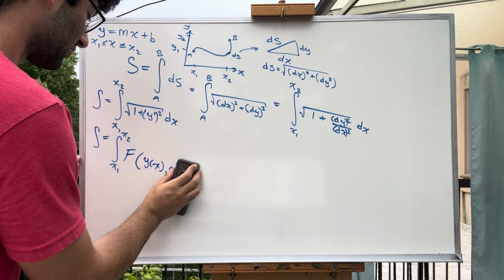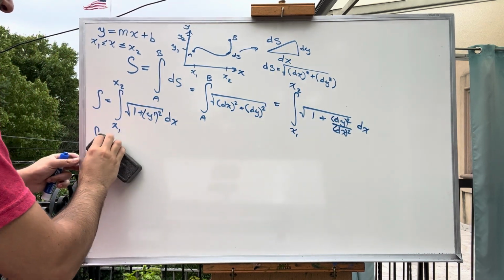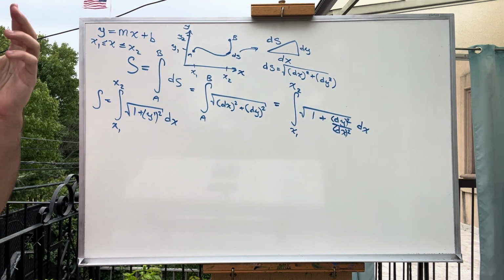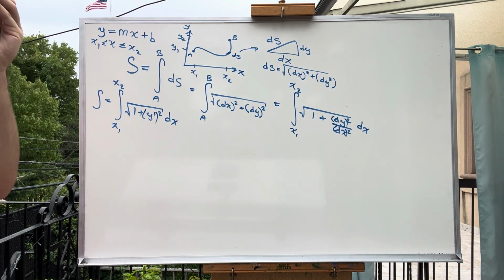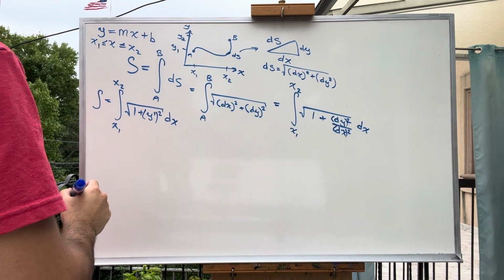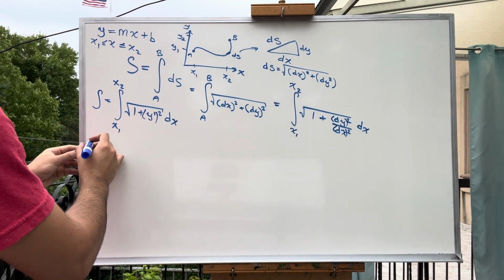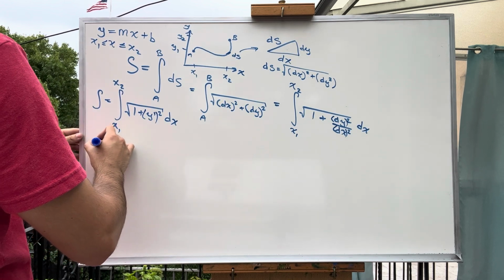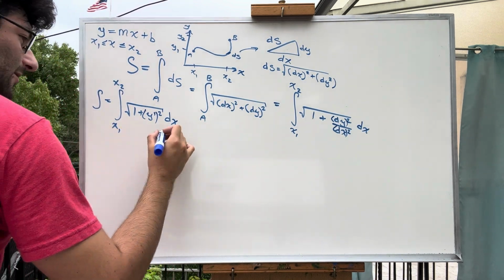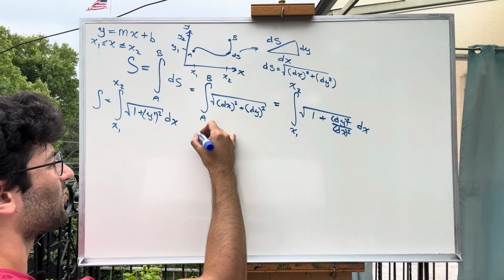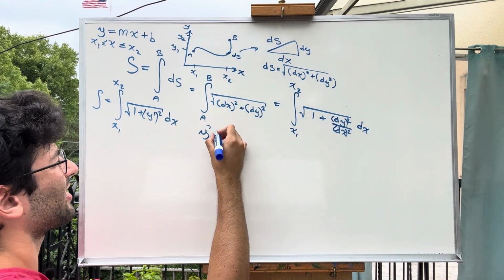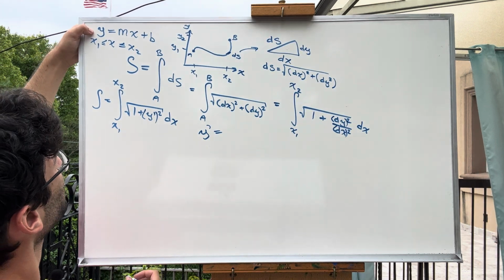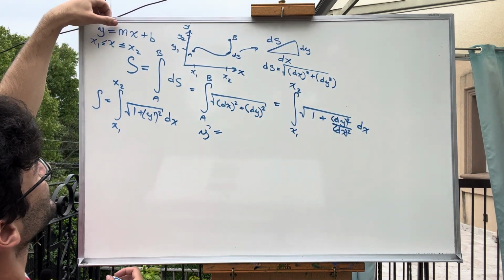So just to prove that, just for my own sake, let's go ahead and find y prime of this function. We know that y prime, the derivative of y with respect to x, is simply the slope m.